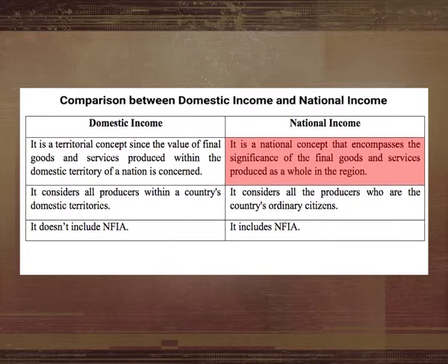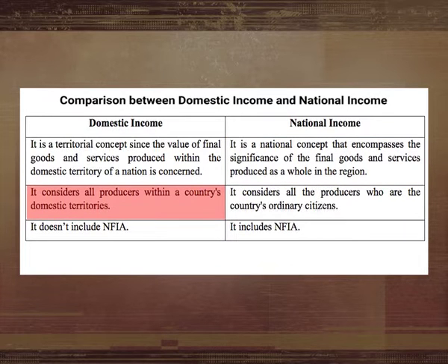National income is a national concept that encompasses the significance of the final goods and services produced as a whole by the region's residents. Domestic income considers all producers within a country's domestic territories, while national income considers all the producers who are the country's ordinary citizens. Domestic income does not include NFIA, whereas national income includes NFIA.